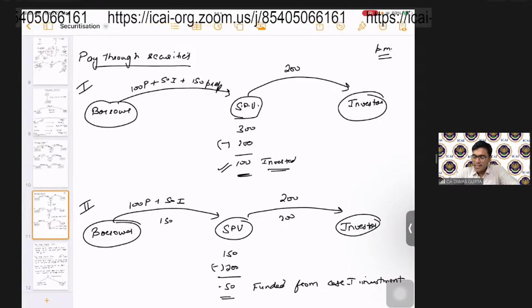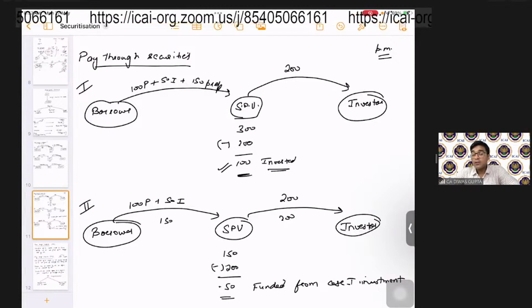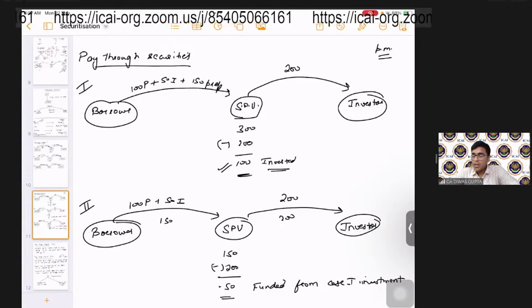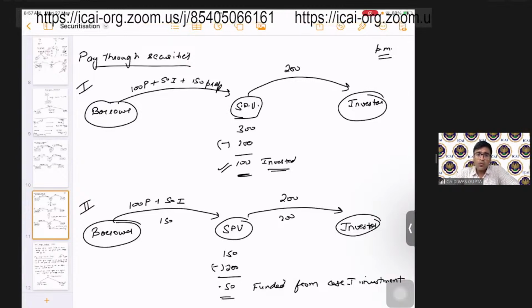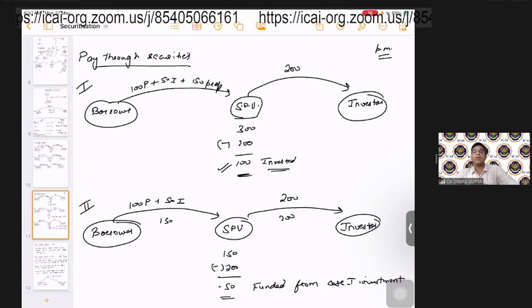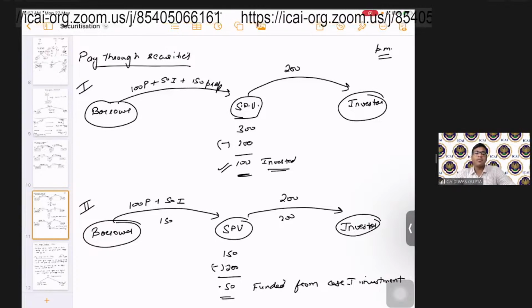In the first case, the SPV receives 300, but the obligation of the SPV to the investors is only 200. So the balance 100 rupees, it will invest.